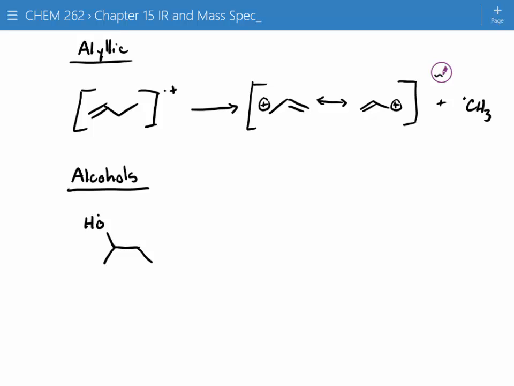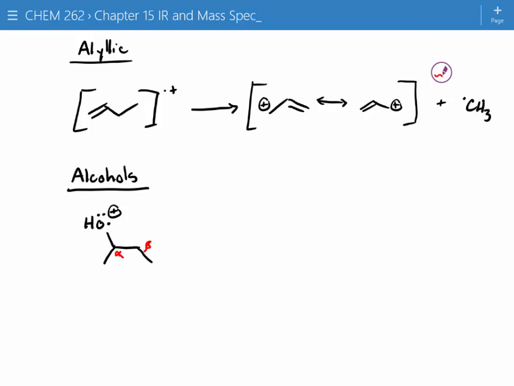So if we look at this, we're going to knock off one of these electrons on the oxygen, giving it a positive charge. So we've got our radical cation. And then we're going to name these positions. So the position where the alcohol is attached will be called our alpha position. The next one over will be our beta position.